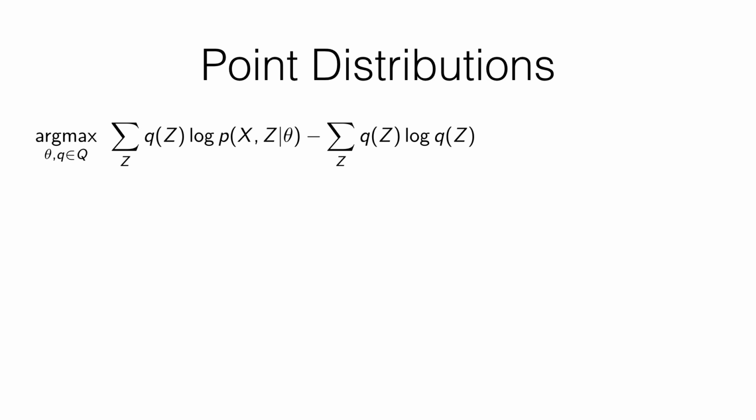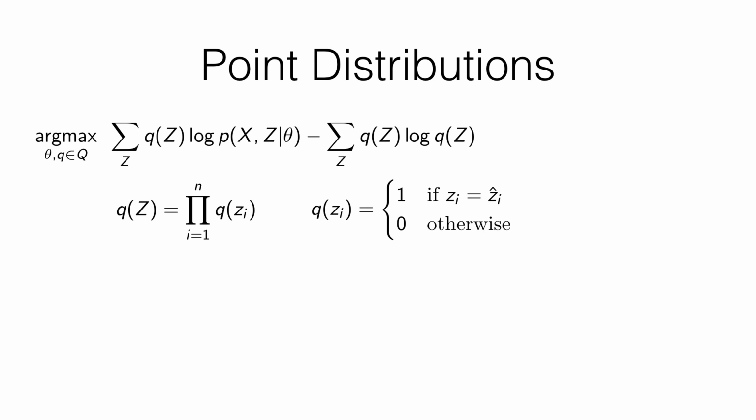So what we can do is say that capital Q, the space of all valid distributions we're going to consider, is going to be fully factorized like before, but we're also going to say that it's going to be point distributions. It's going to be distributions that are 0 everywhere except for one possible state. So the way I've written this is that there are some states Z hat of i that get a probability of 1.0, and every other state gets 0 probability.